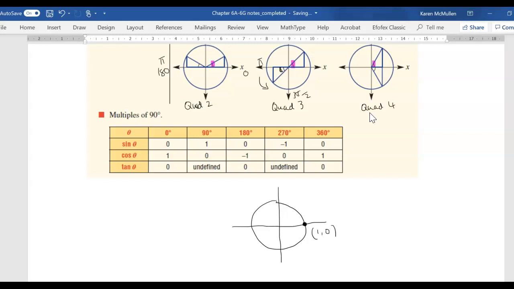Remember our coordinates x, y are cos, sine. So at this point cos is 1, which we've got written here, and sine is 0, our y coordinate.